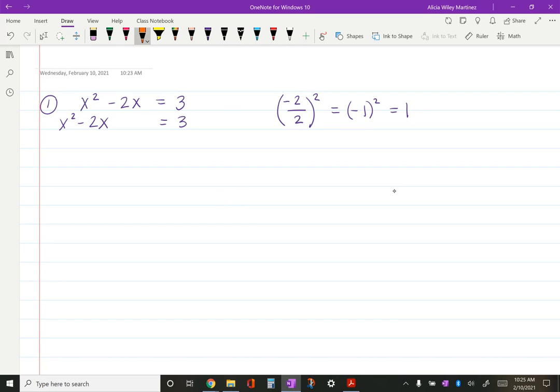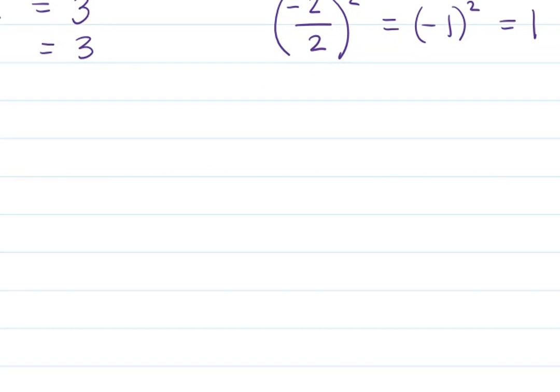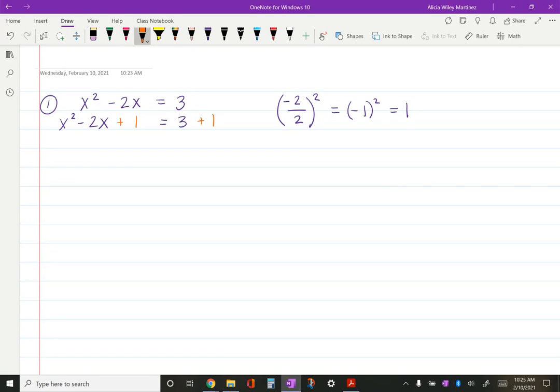So I'm going to go ahead and add 1 here, but since this is an equation, if I add it to one side, I must add it to the other side. After we've completed the square, we go ahead and factor it. It will factor into a binomial squared. It's always going to be x, because remember the a is 1, so it's just going to be x squared, so that's x times x.